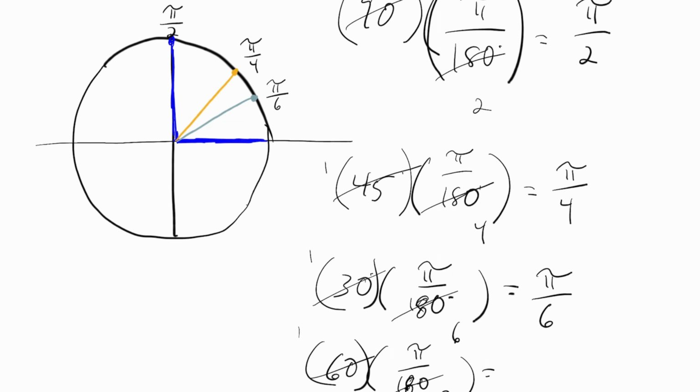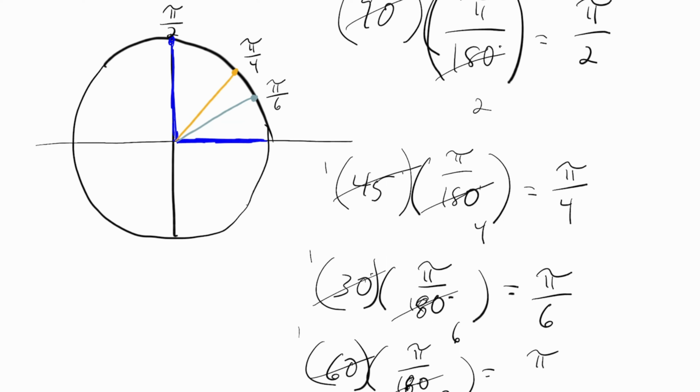Our final answer for a 60-degree angle in radians would be pi over 3. Great. Okay. So those are the key ones that we really need to memorize here.